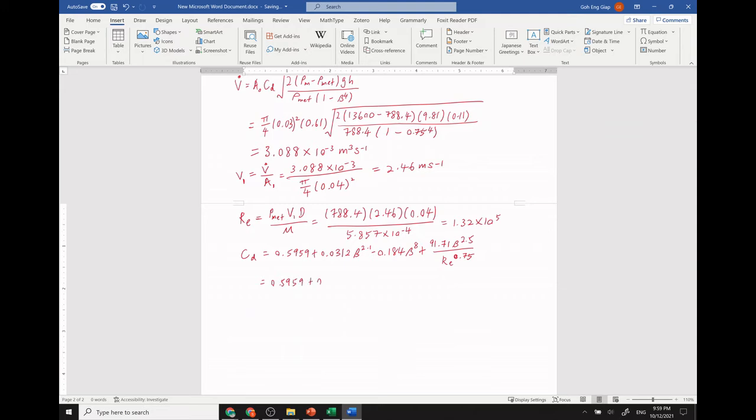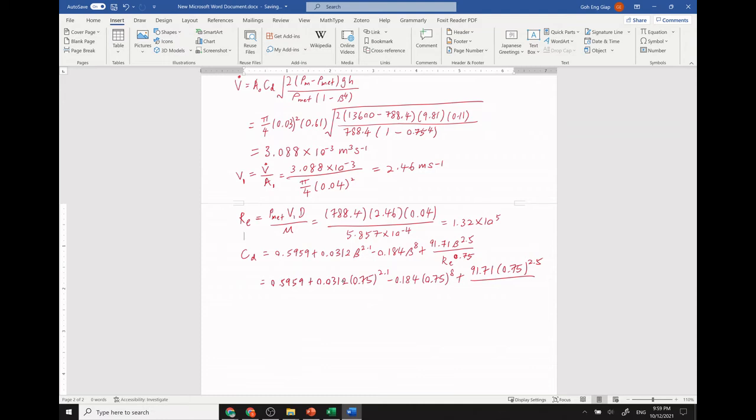0.59 plus 0.0312 beta, which is the beta value, which is 0.75, to the power 2.1 minus 0.184, 0.75 to the power 8 plus 91.71, 0.75 to the power 2.5.